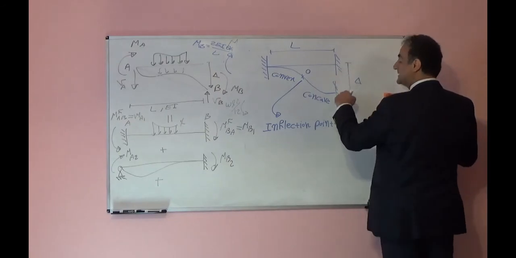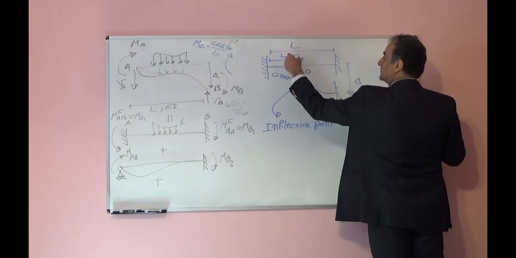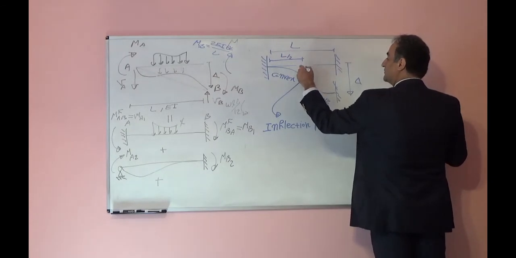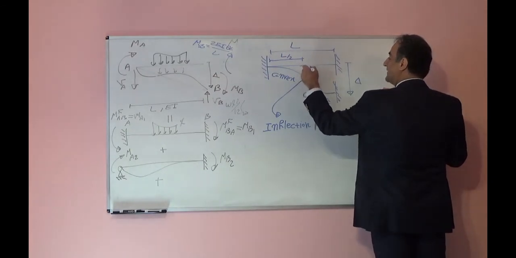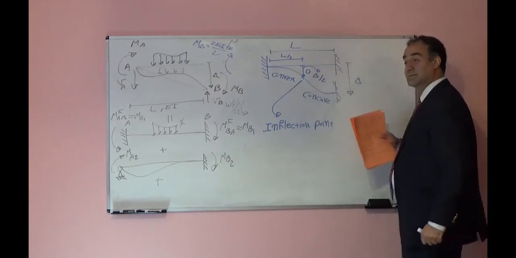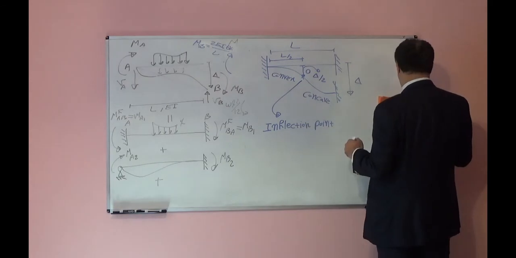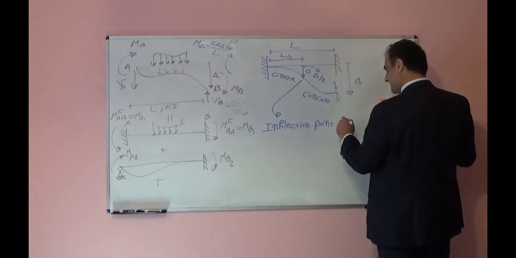If this is delta and this is L over 2, the deformation here will be half of delta. Because of symmetry, this will be delta over 2, and that point O we call the inflection point. If you want, I can define it like this.